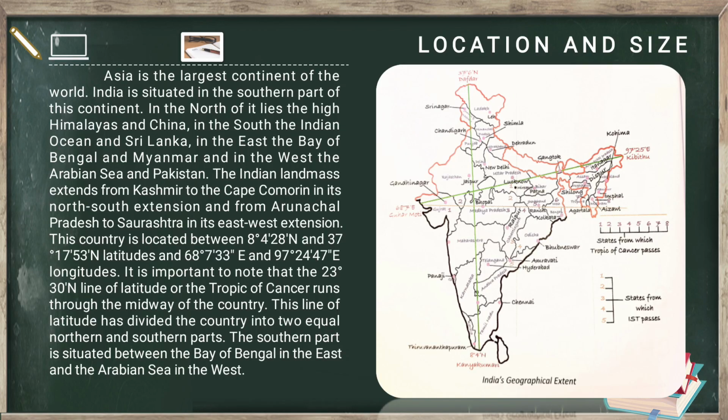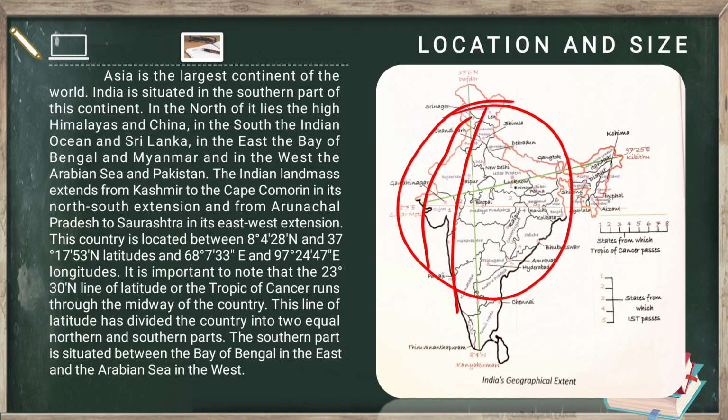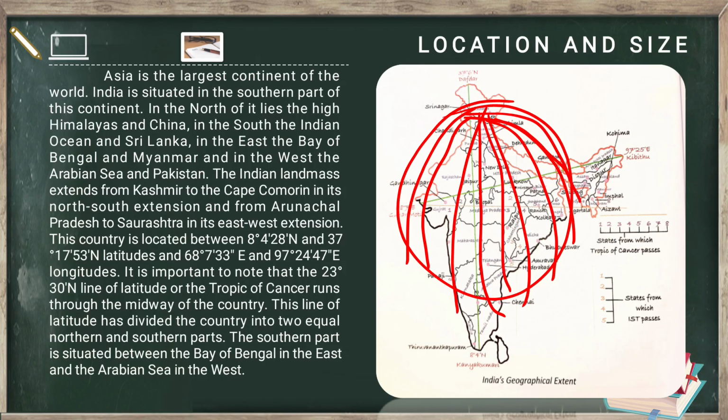Now we turn to the east and west longitude. So this is a wall map, think this is a wall. Some lines run from north to south, and the line which is taken as the middle or 0 degree is the prime meridian, which is located in Greenwich, in London.